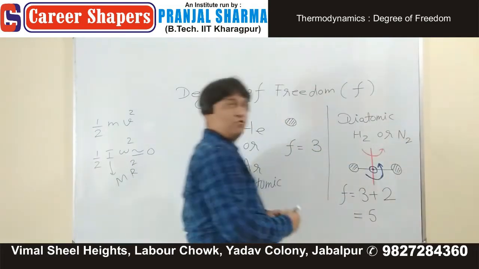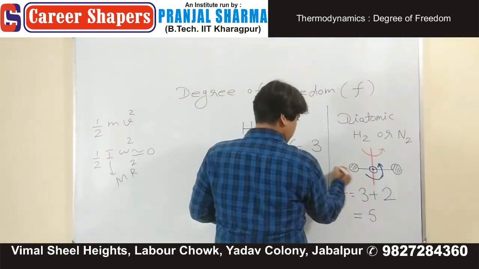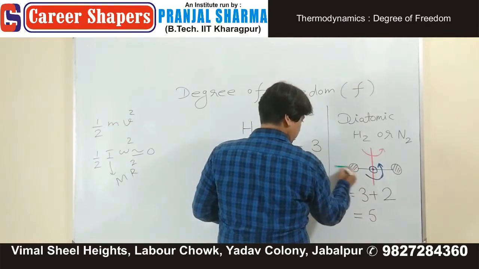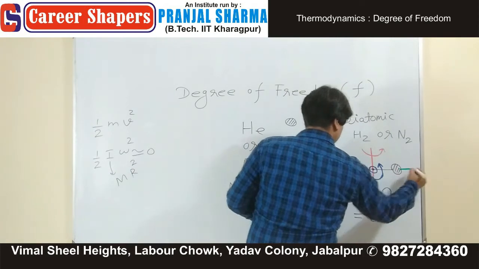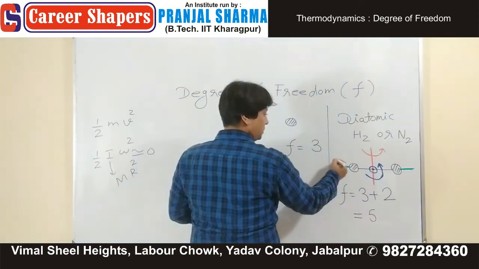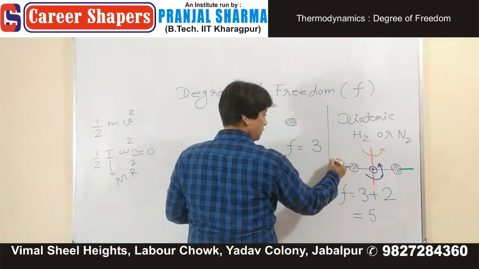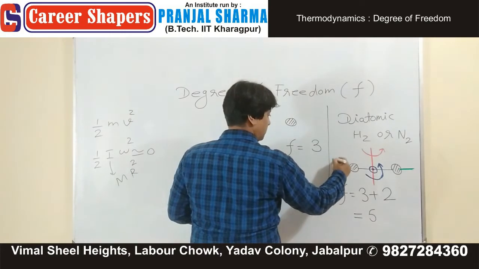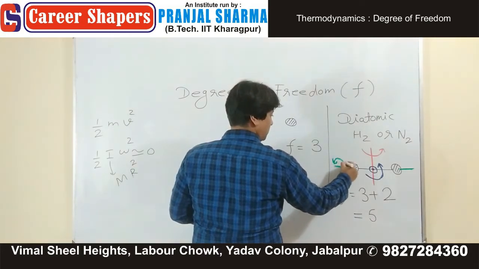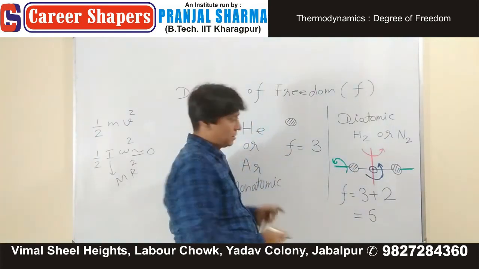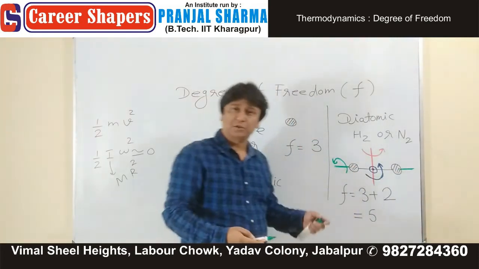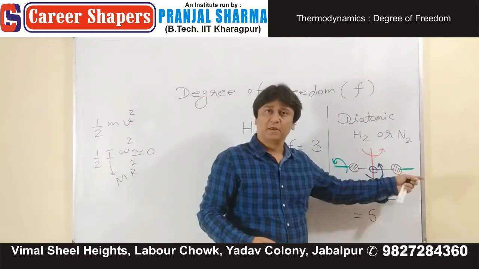About the green one, if you can see the color, this green rotation is about the green axis, which is passing through the bond itself.